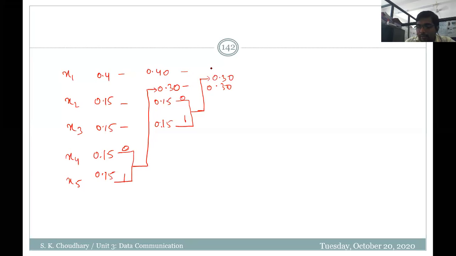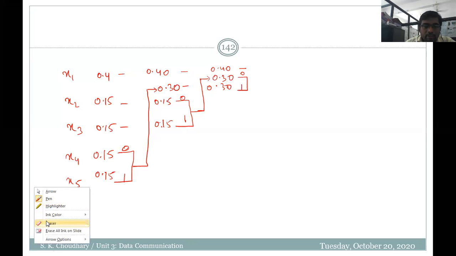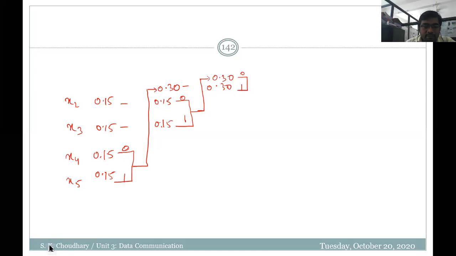Okay, and 0.40 here. Now we have to do the summation, 0, 1. Better to write this a little bit above, so make a space. You can write here x1 0.40, dash, 0.40, dash.